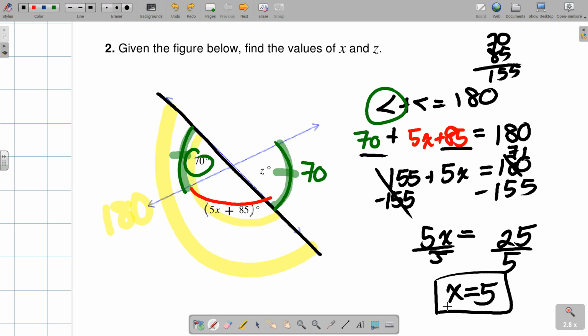So there, I just solved for Z. It is 70, and x is 5.